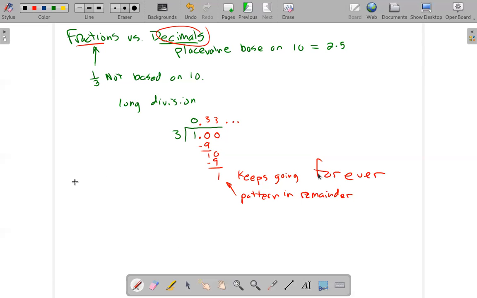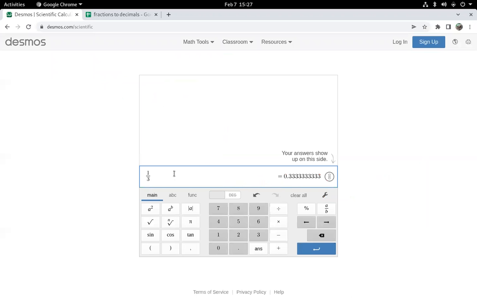Like, check this out. 1/3 is 0.333 as a decimal, but you can't stop, right? If you do, you're not quite 1/3. You're always a little bit less. 2/3, let's check that out on my calculator. Well, that's 0.6666. Now the calculator threw a 7 at the end.